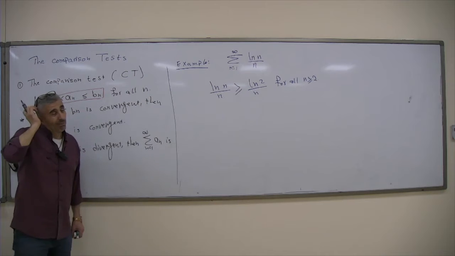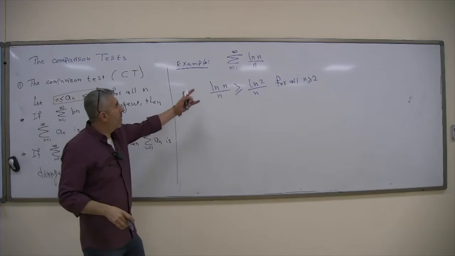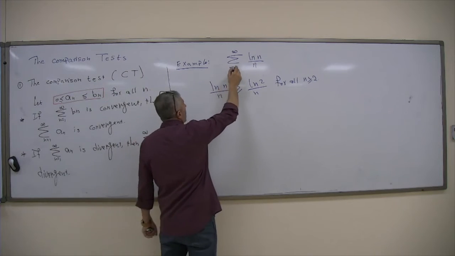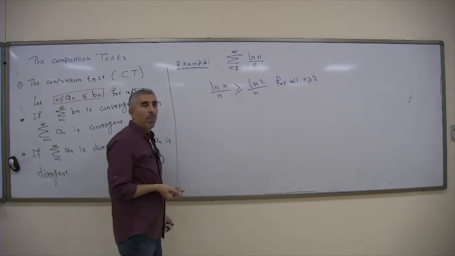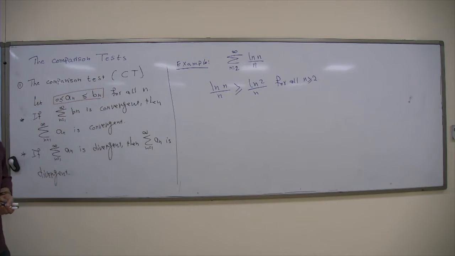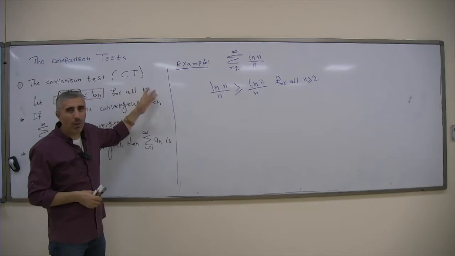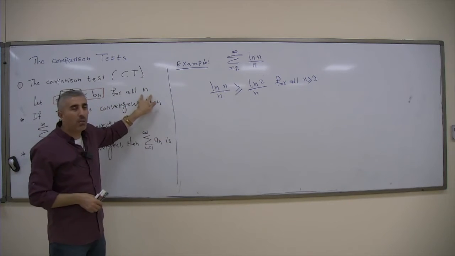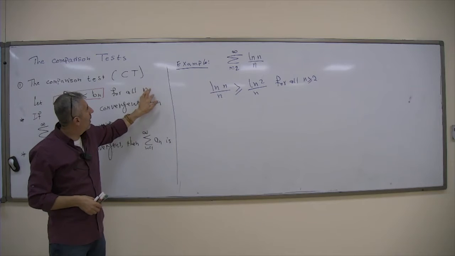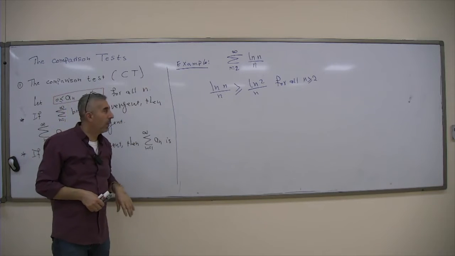Correct? So basically, I don't worry about the first term because it is 0. So starting from 1 or starting from 2 here doesn't matter. That is the reason I said for all n. I didn't specify whether n is 1 or 2. In fact, you can start n from any number you want, not necessarily from 1.